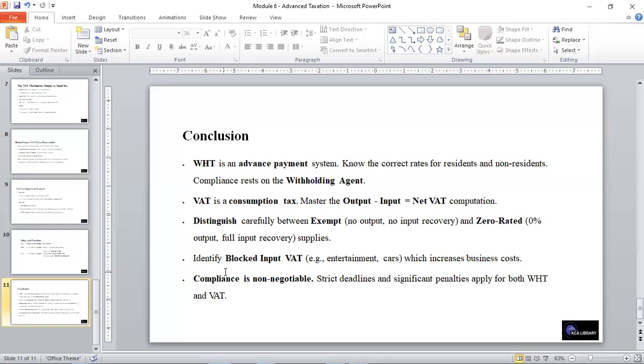You need to distinguish carefully between exempt and zero-rated supplies, and also identify blocked input VAT, such as entertainment and cars, which increase business costs. It is very important to note that compliance is not negotiable.